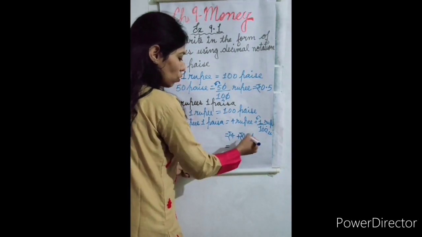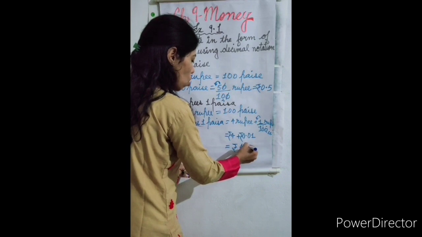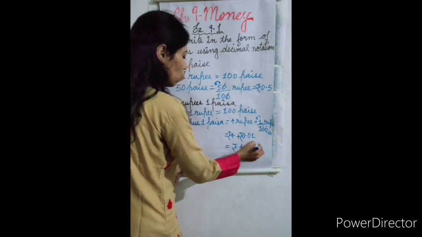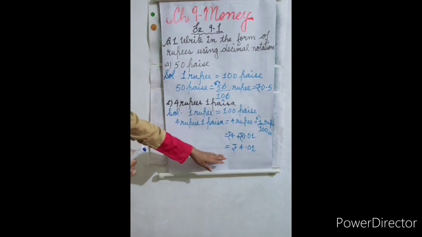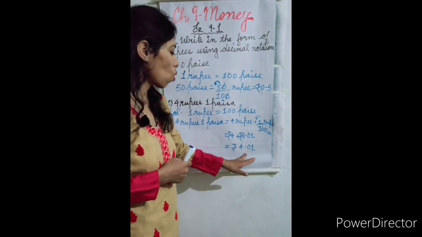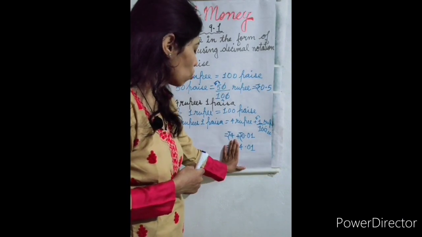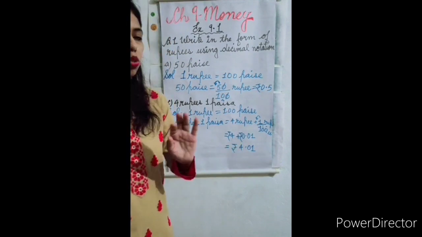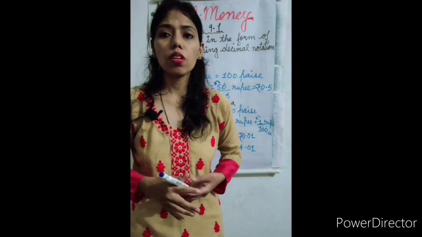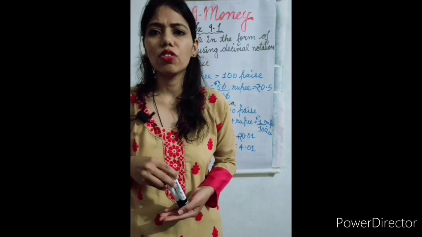When we add it, we will get rupee 4.01. So after converting 4 rupees 1 paisa into rupee, we will get rupee 4.01. And if you want to write it like this, 4.01 and rupees here, that is also correct. It is up to you how you want to write. Now part D is the same as part C, that you will do as revision work.